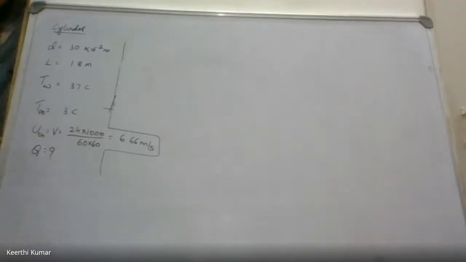Here also, first you find out T_f. Take the properties at T_f. Once you know the properties at T_f, find out the Reynolds number. Definitely here also the Reynolds number will be within the range of 0.4 to 4 lakhs. So what is the Reynolds number? Based on that, you find C and m.